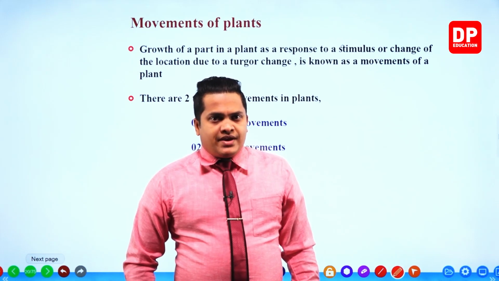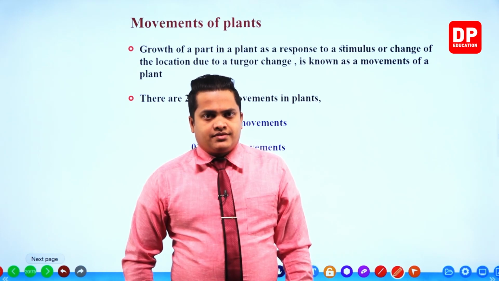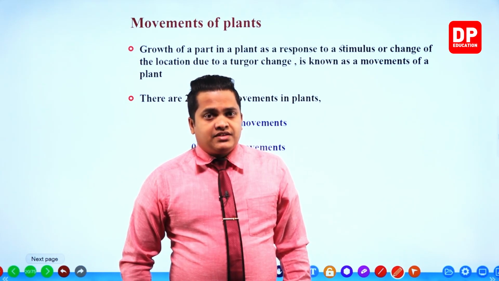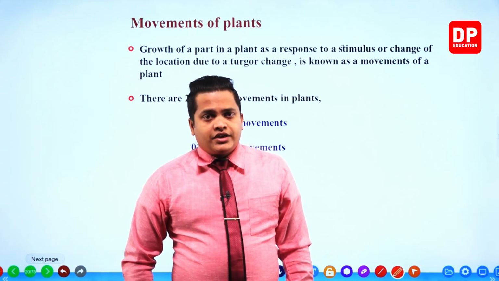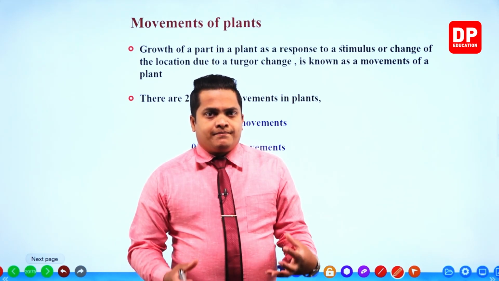So the apex is bent towards the light mainly because of the action of auxins. The plant apex is bent towards the direction of light.